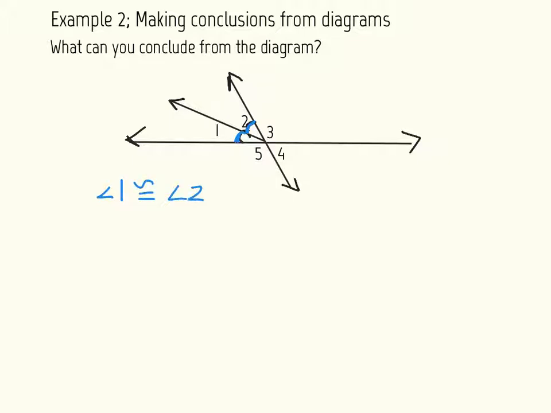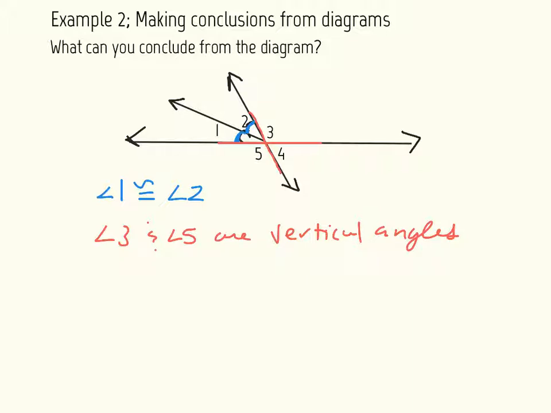Now I'm looking at a straight line, a line here, and a line here. So that means angle 3 and angle 5 are vertical angles. Okay, so we can say that about them.